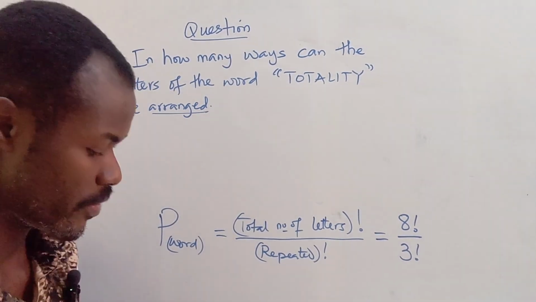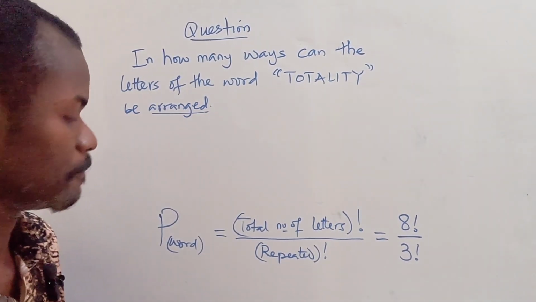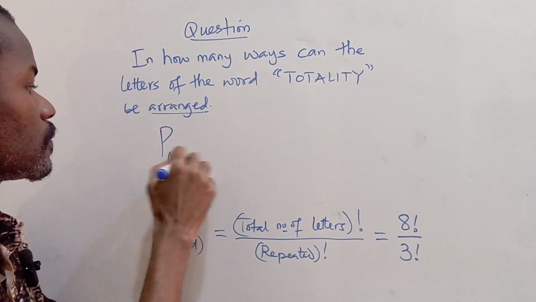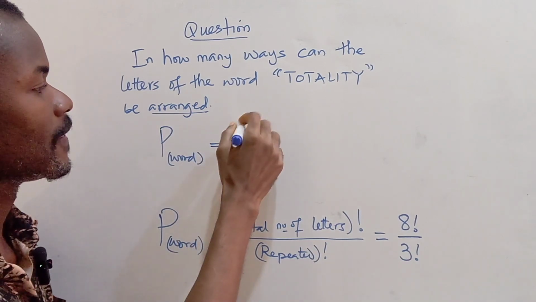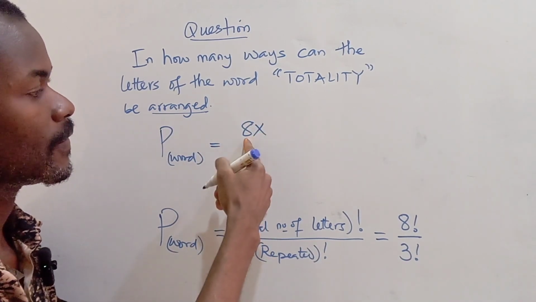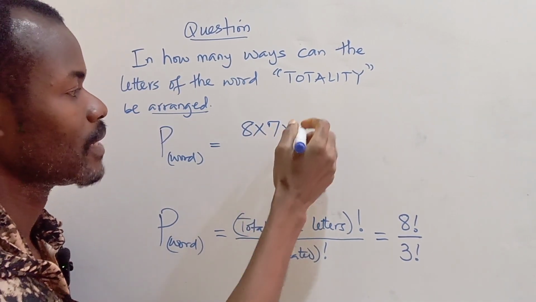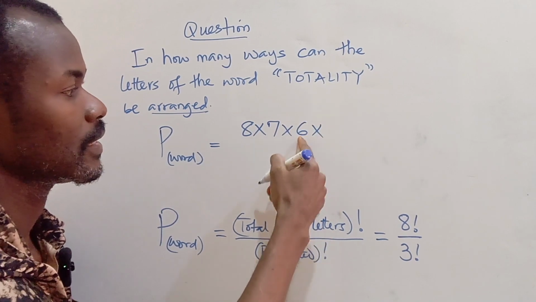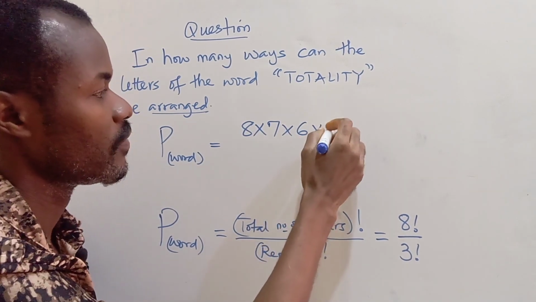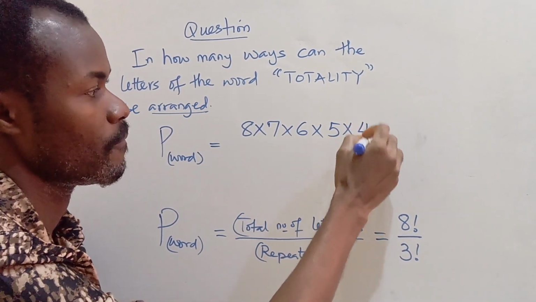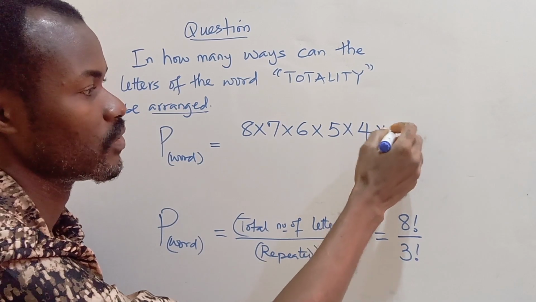now 8 factorial means we have 8 times 8 minus 1 is 7, 7 minus 1 is 6, 6 minus 1 is 5, 5 minus 1 is 4, 4 minus 1 is 3.